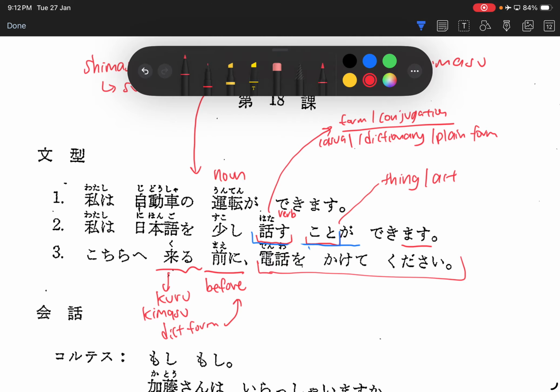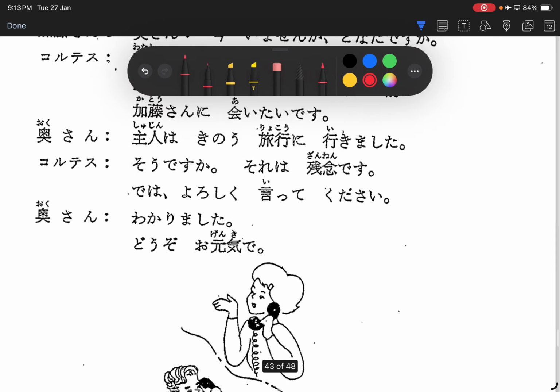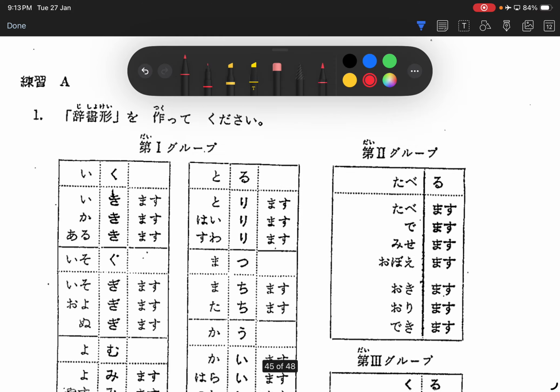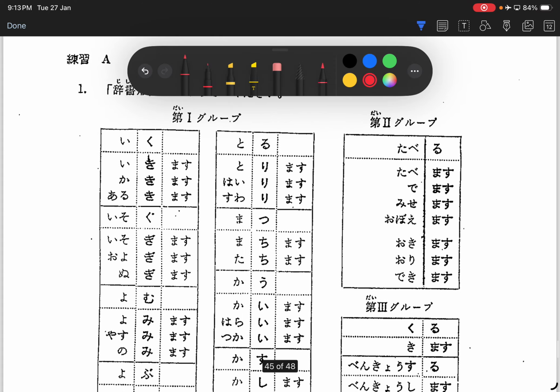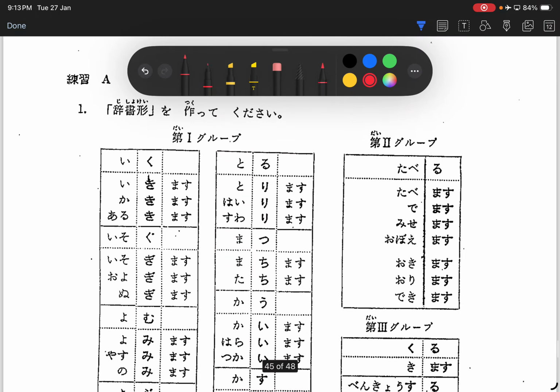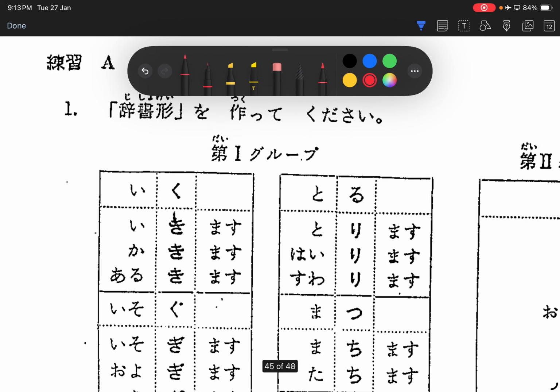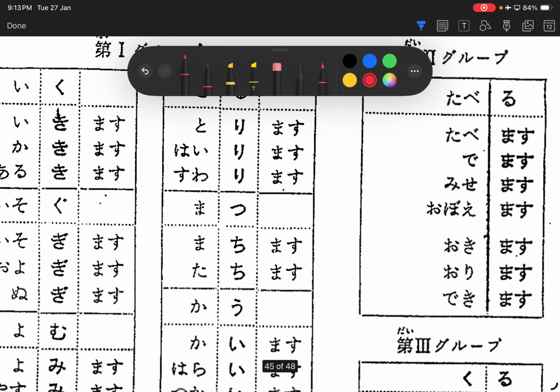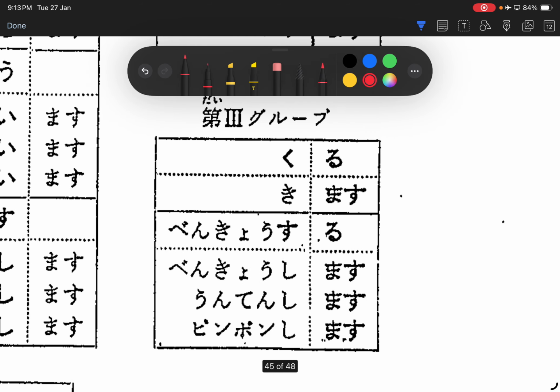So we just use the dictionary form. So how do we form this dictionary form? We go all the way here, next page. We'll have this page. So this is how we can form the dictionary form. It's not that hard, trust me, not as bad as the te form. Okay, so for number 1, on the leftmost column, we start from the easiest one, group 3. 来る, 来ます, just change to 来る, very simple.